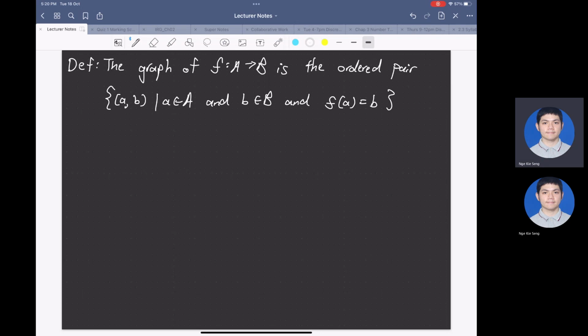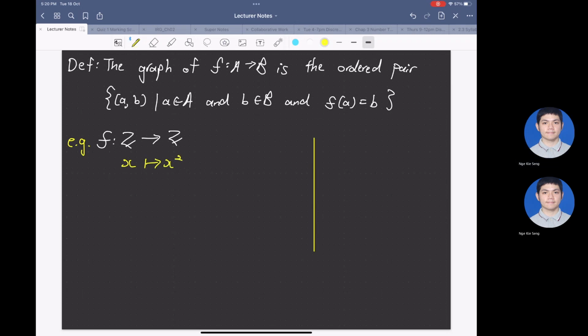So for example, just now, if we restrict our domain and codomain to Z for x to x squared, okay. So Z squared is actually a lattice. So this thing lives in A cross B, right?